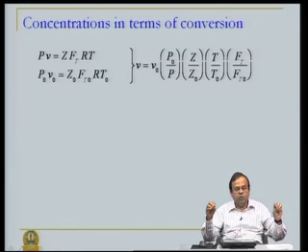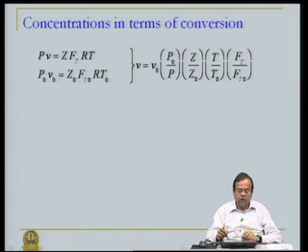My temperature may be changing because there are associated heat effects, or my molar flow rate may be changing. Why? Because there is a change in the number of moles, and as a result of all these factors, my flow rate at entry could be different from the flow rate at exit, and I need to relate these quantities. So, this is the first step in that direction.